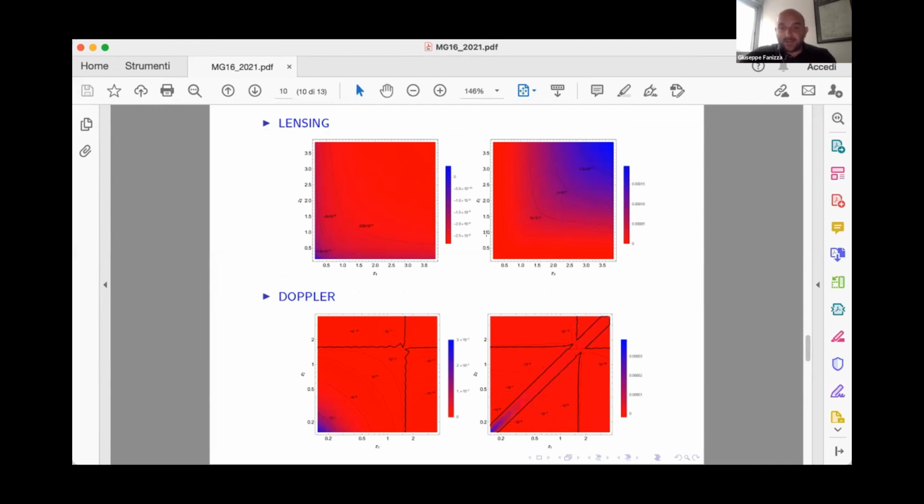We can see that on the right panel we have the configuration where sources are aligned, and the opposite one is on the left.